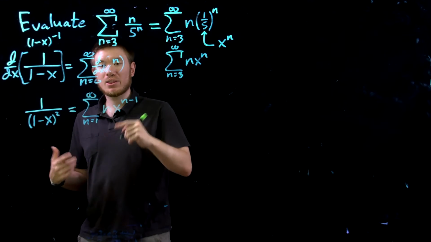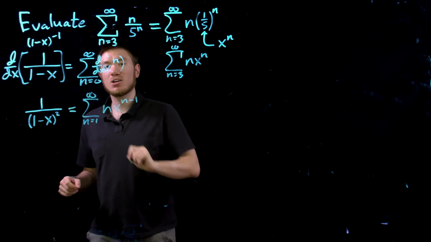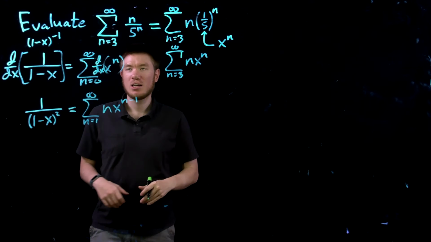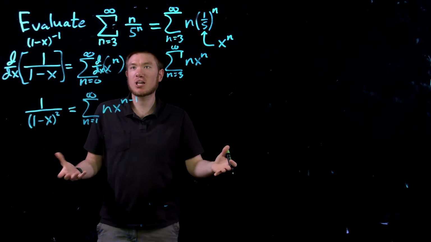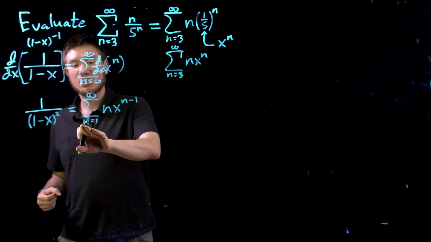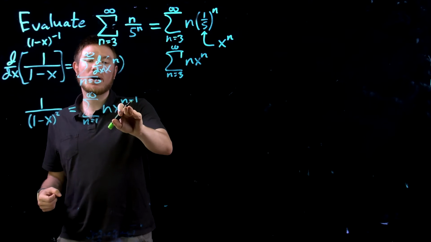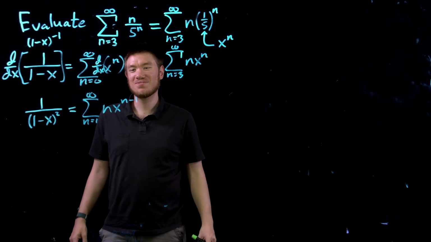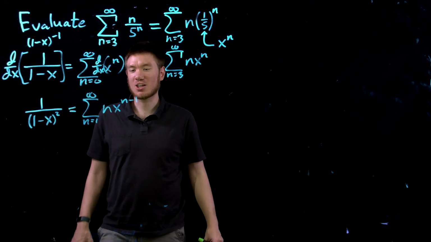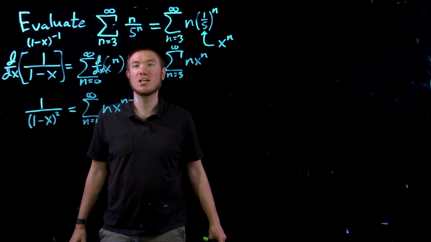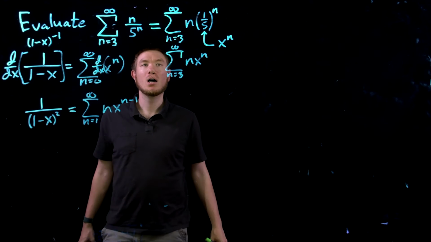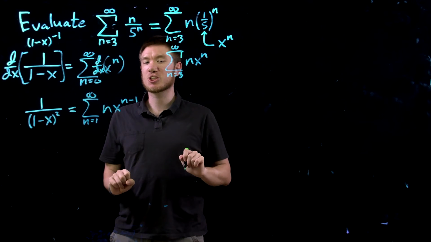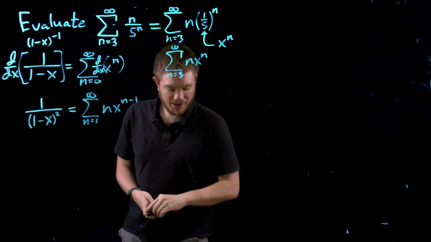One way to think about why we start at n equals 1 rather than 0 here is that when n is 0, our coefficient is 0, and thus that term doesn't show up in the sum anyway, so we might as well start at n equals 1. We also don't want to have to deal with x to the minus 1, which is one of the other issues that arises. So you'll notice that we have the n in the coefficient like we expect, but we have a couple issues.